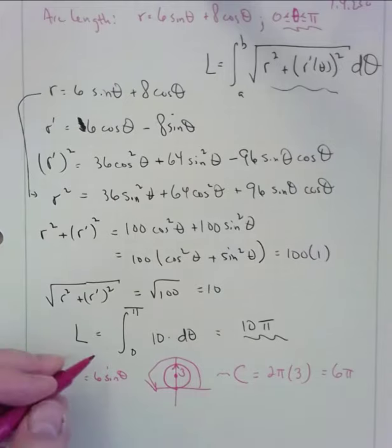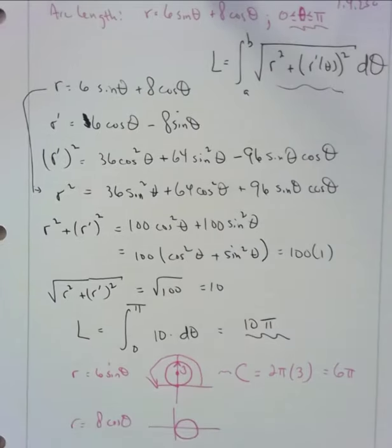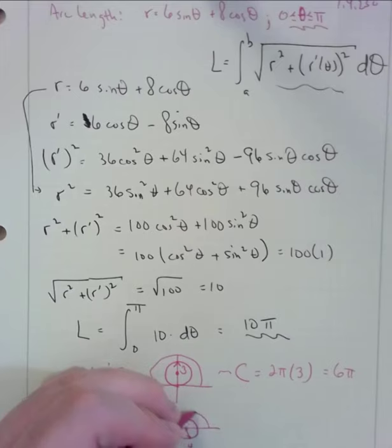The other half of this function, r equals 8 cosine theta, that just happens to be a circle that sits on the x-axis, and it has a radius of 4. So as theta goes from 0 to pi, we sweep out the top half of that circle.